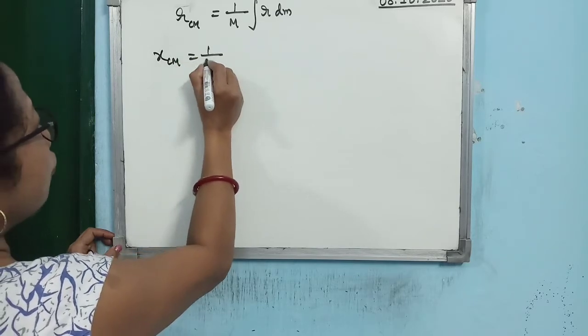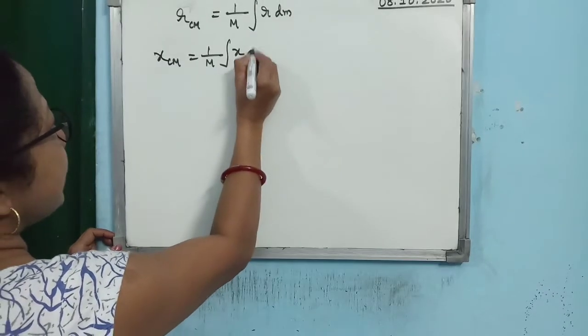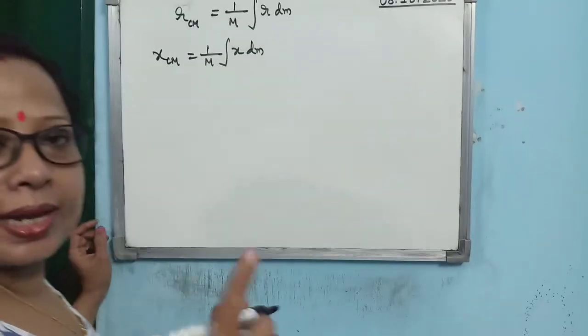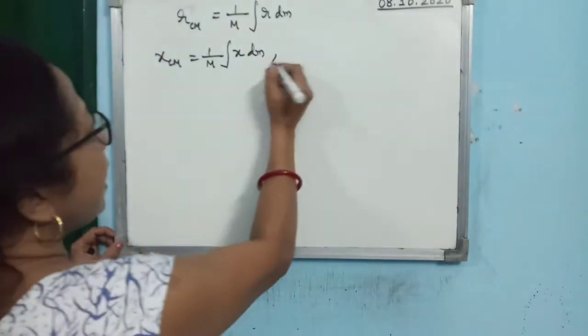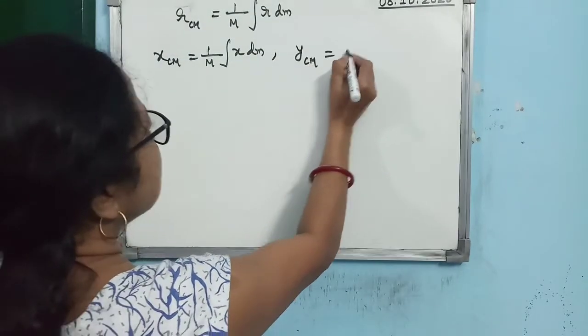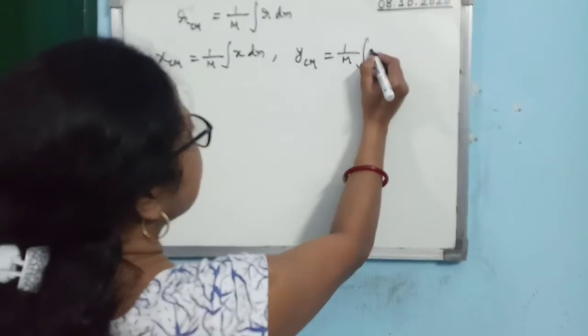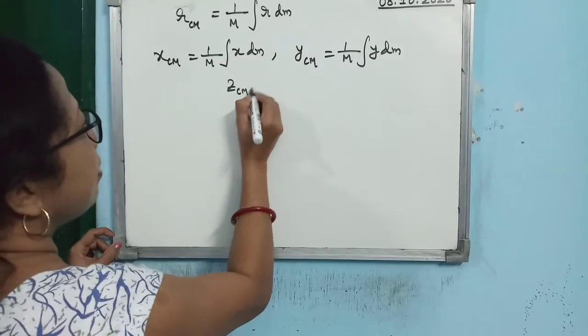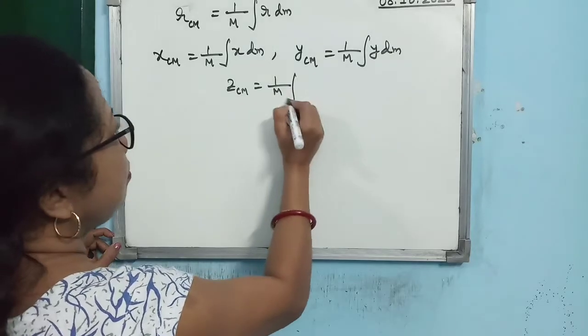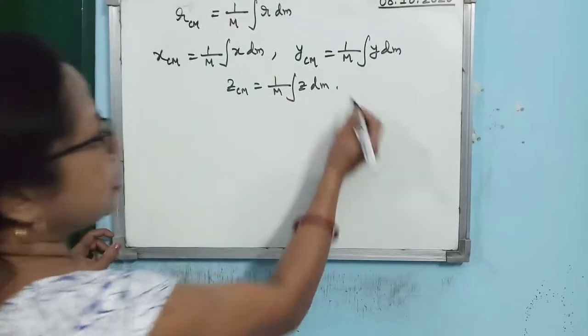It will be 1 by m integration x dm. Means in place of m1 x1, you have to write integration x dm. Like that, ycm will be 1 by m integration y dm, and ZCM will be 1 by m integration z dm.